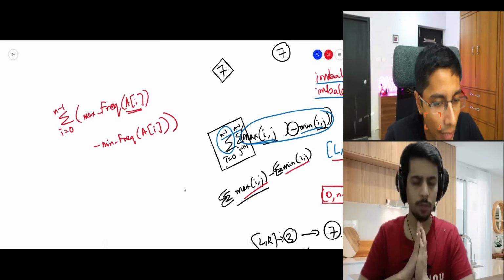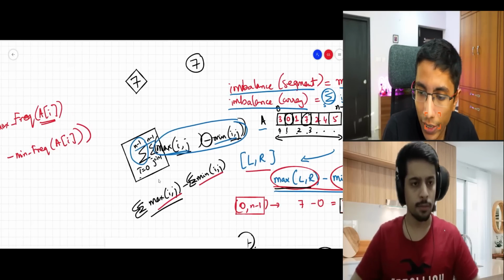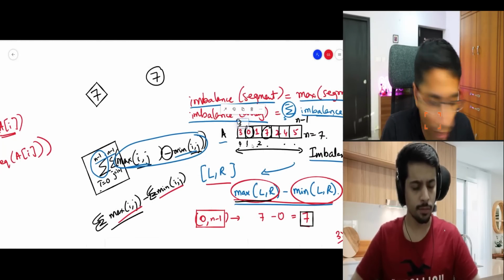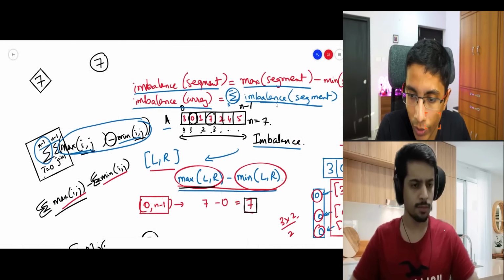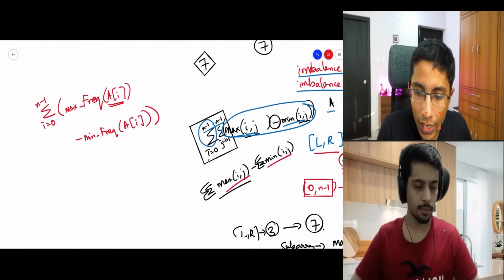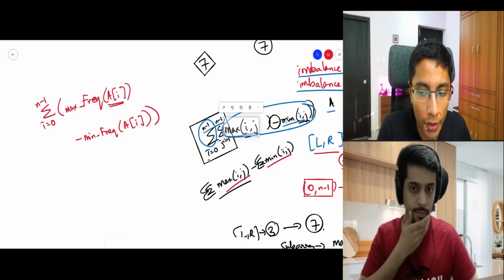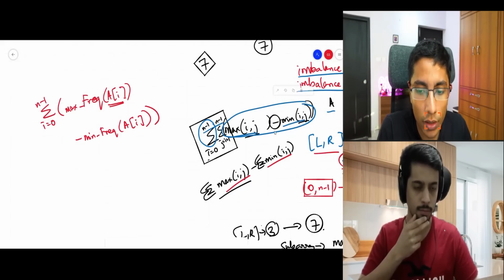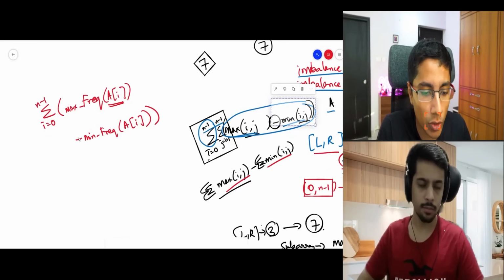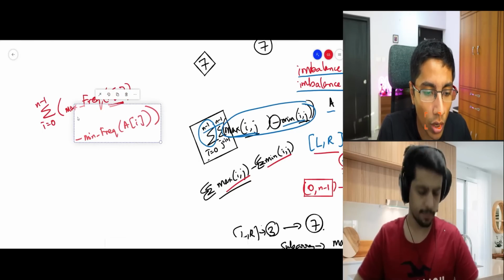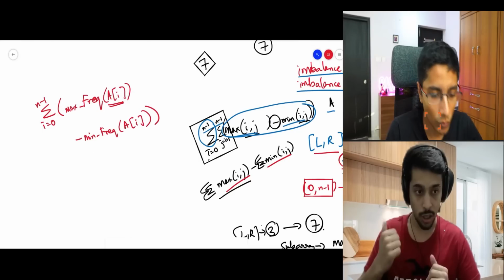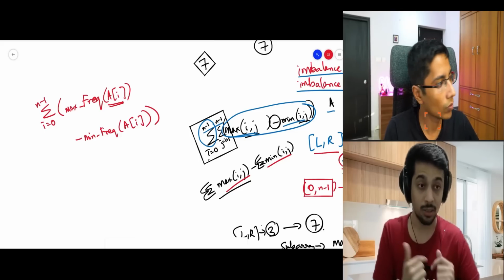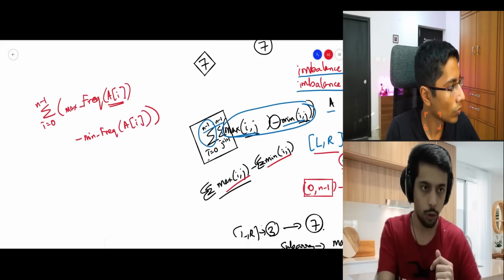The reason being that we don't care about this entire formula. I mean, we do care, but the transformation of this formula gives us how many times you occur as a maximum element and how many times you occur as a minimum element. Whenever you occur as a minimum element, I need to subtract, and whenever you occur as a maximum element, I need to add. The max of any segment is going to be one of the elements of the array for sure.